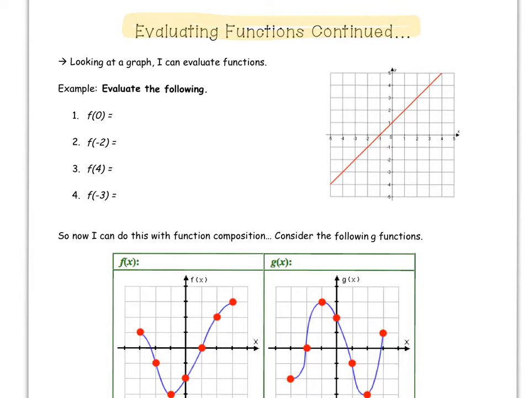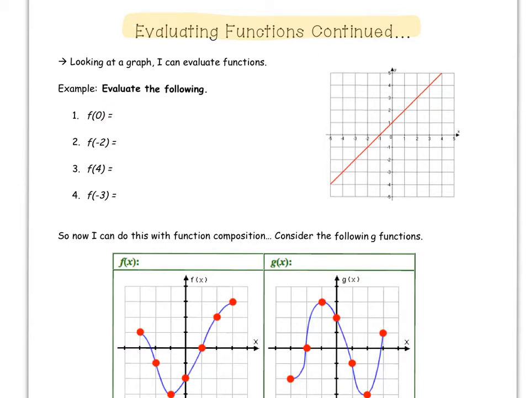Evaluating functions is when I have f of x and I'm plugging into f of x. I can plug in a value for x, substitute it in and figure out what that value is. I can also look at a graph to evaluate functions. Notice on number 1, I want to evaluate f of 0 if this is my graph.